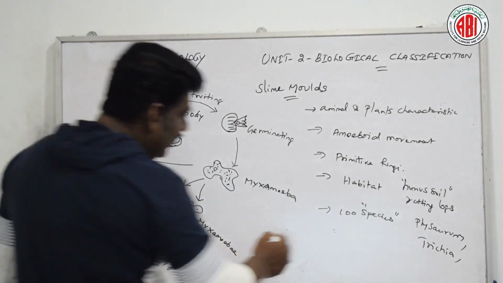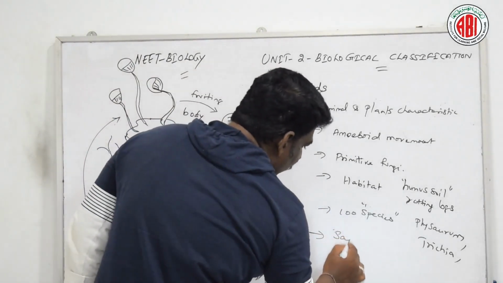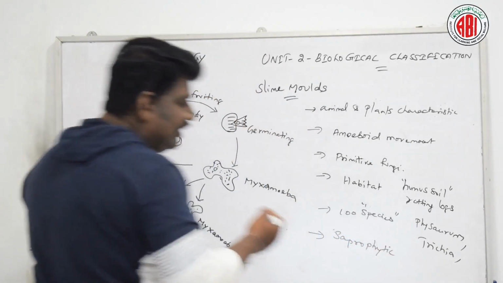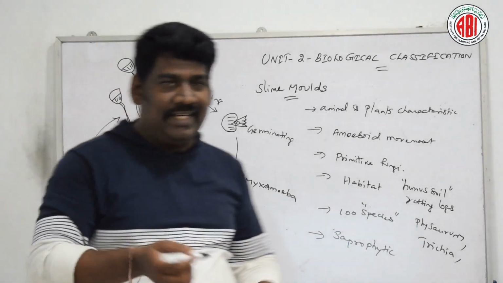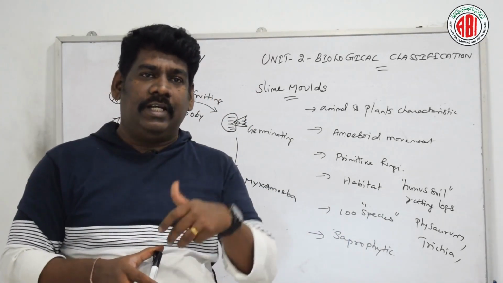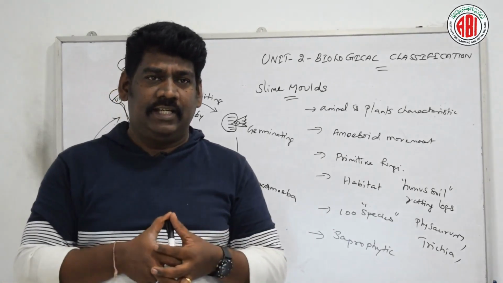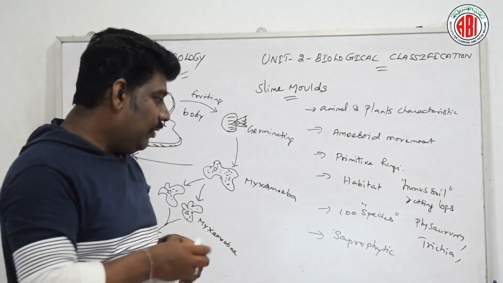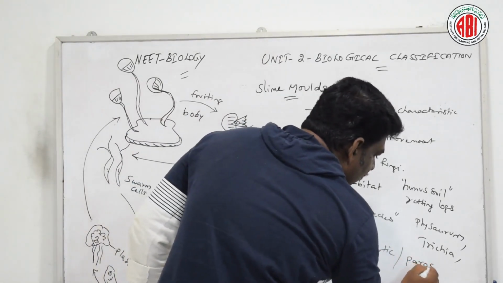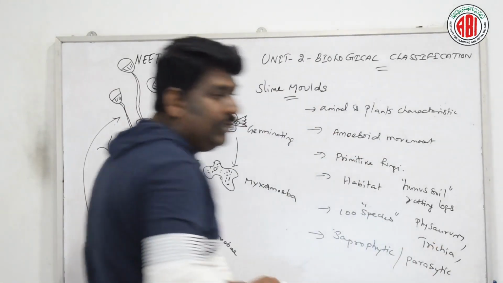Talking about the mode of nutrition, a saprophytic mode of nutrition can be seen for this organism. Saprophytic is nothing but the organism being able to depend on dead matter and debris, and very rarely we can see a few examples with a parasitic mode of nutrition.